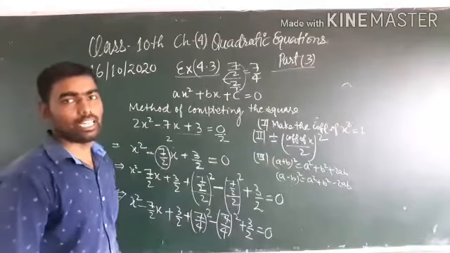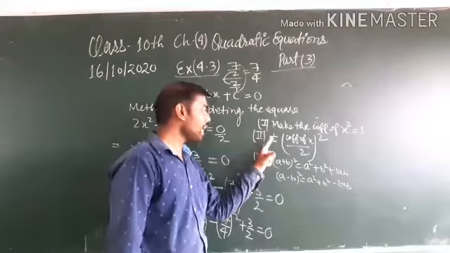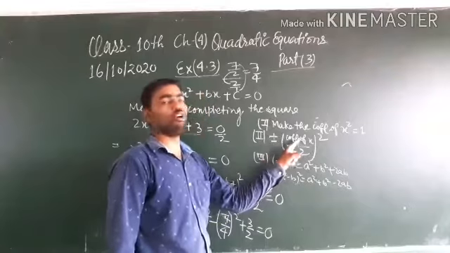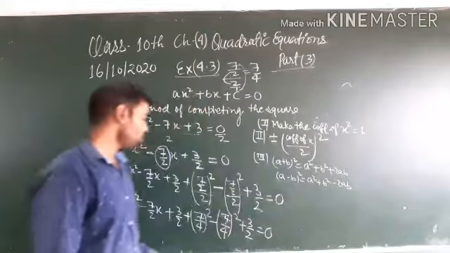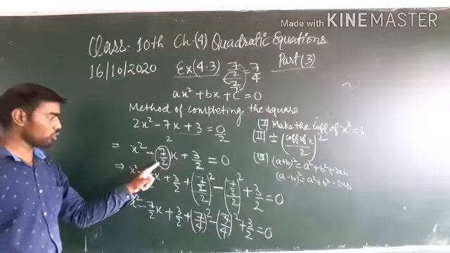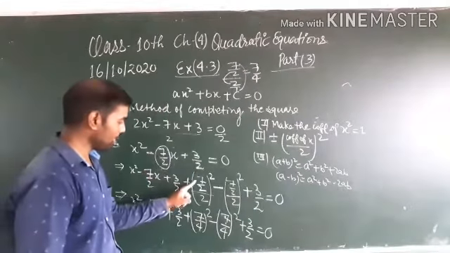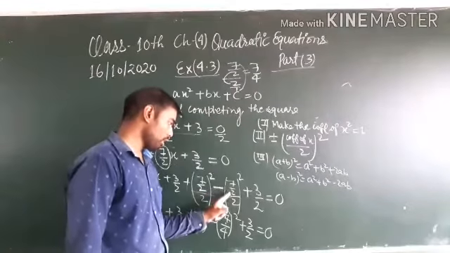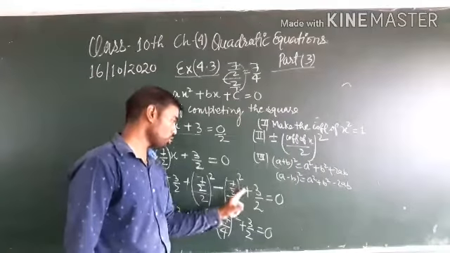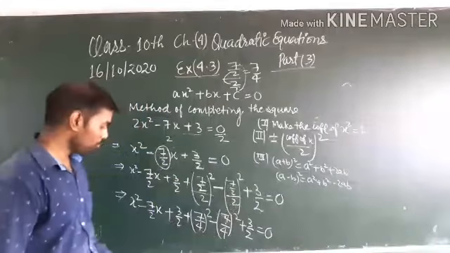In the second step, add and subtract the coefficient of x by 2, to the whole square. The coefficient of x is 7 by 2, so we add 7 by 2 by 2 whole square and subtract 7 by 2 by 2 whole square, plus 3 by 2.